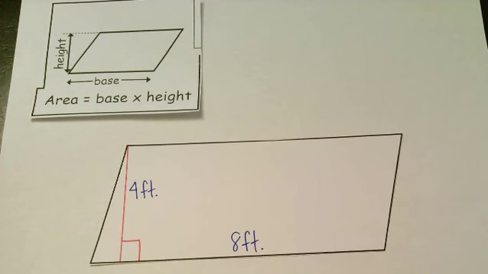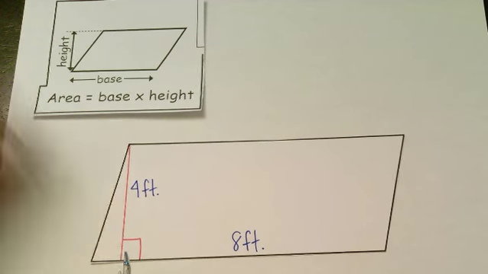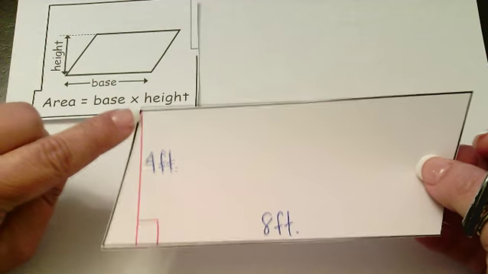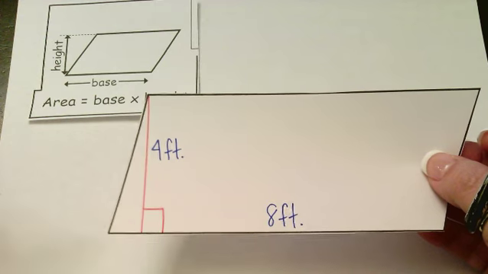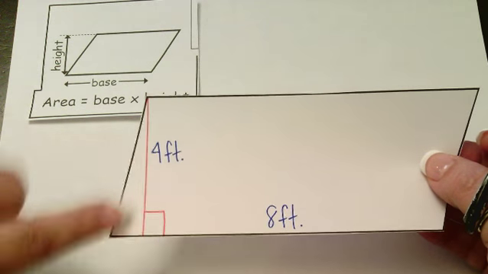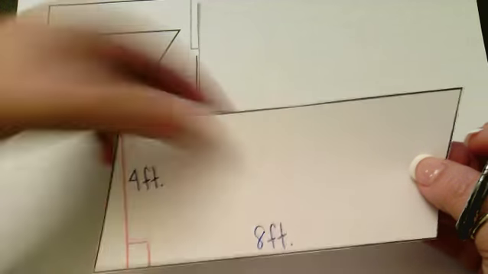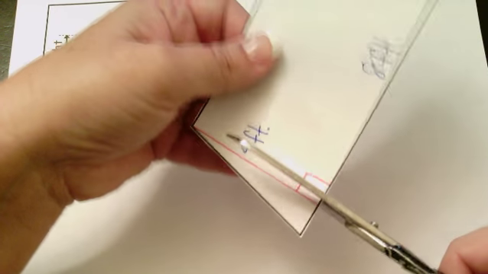So one trick we can use is to see this a different way. We can take this parallelogram, and I'm going to use this height line that's drawn over here, and I'm just going to cut right along the edge of that, because I can see this little triangular shape right here. So I'm going to trim that.